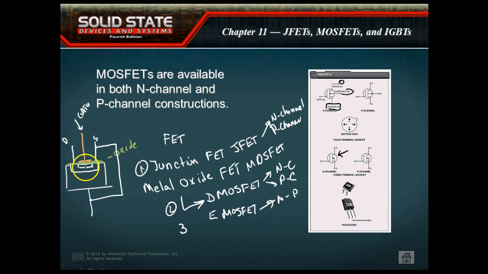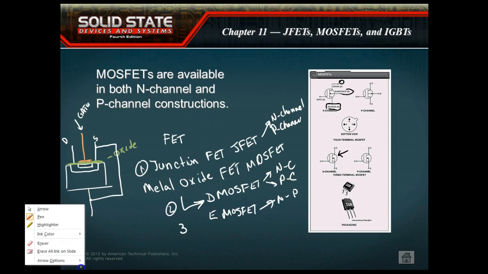So if you can visualize the channel as being one plate and this as being another plate, then these two things can interact with each other without ever even touching. But if we ever puncture a hole through this oxide layer, which is extremely thin, then we've damaged our FET. So one thing you have to really watch out for with these MOSFETs is they're very susceptible to damage by static discharge.